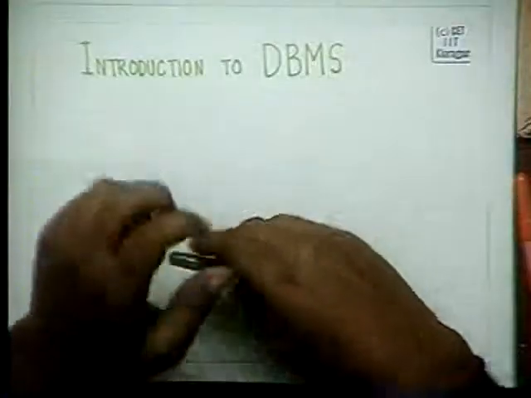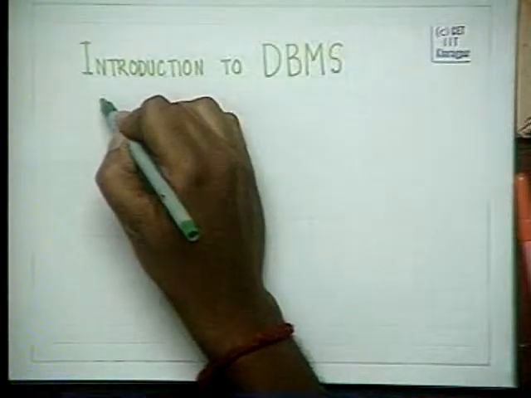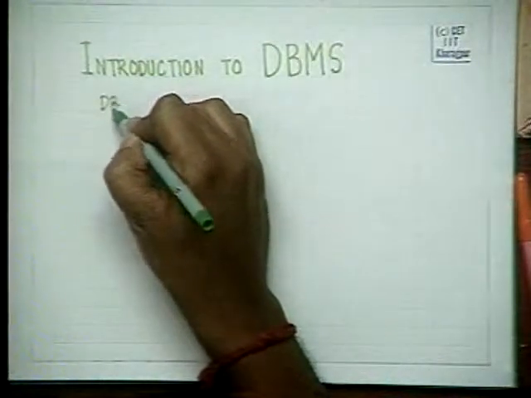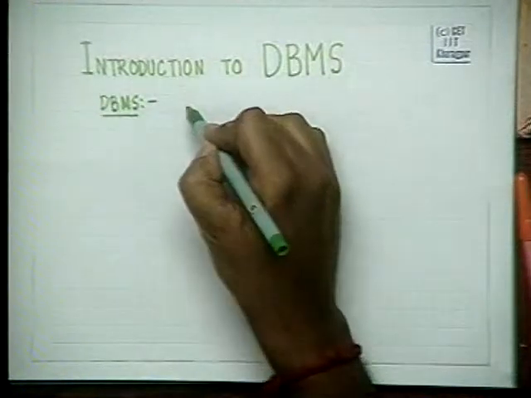Now, DBMS is Database Management Systems. A database is a collection of interrelated data. In a database management system, you have two major components.